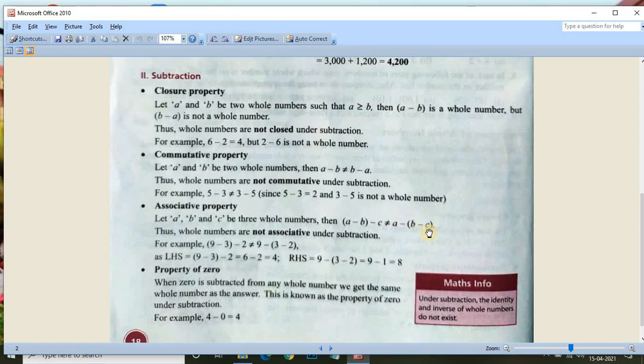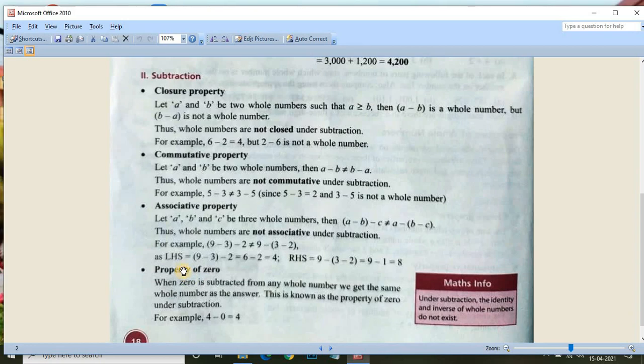So in subtraction, whole numbers are not associative, which means in subtraction you cannot use this kind of grouping. For example, (9 minus 3) minus 2 is not always equal to 9 minus (3 minus 2).